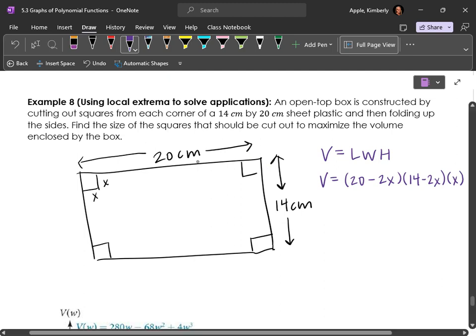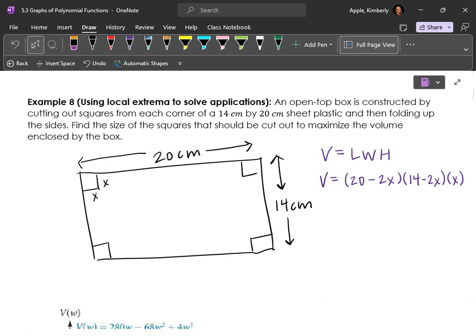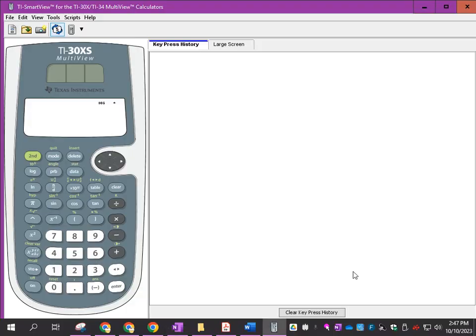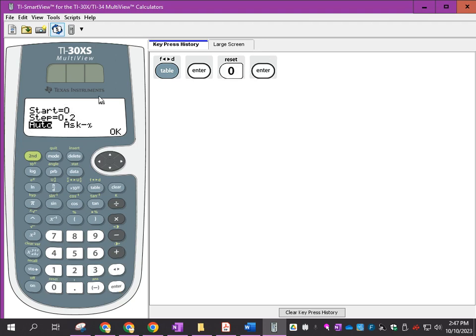So what we're going to do is we're going to put that into a calculator, and then we're just going to step up until we can find it. So the table, if I multiply everything out, or you can just put it in here in the factored form. I want to start at 0, and I want to step about 0.2, and then I just want to look at the values and see when they start decreasing.